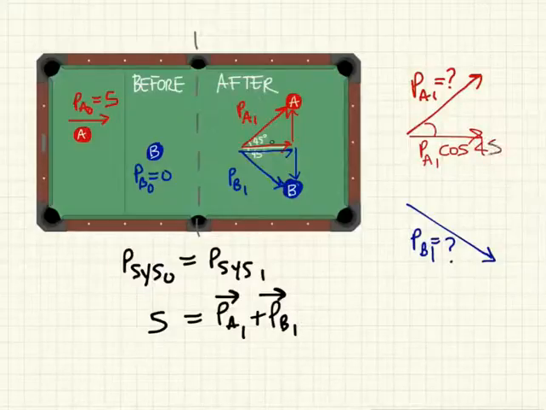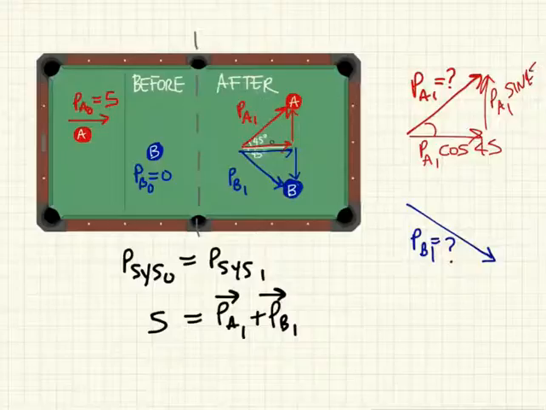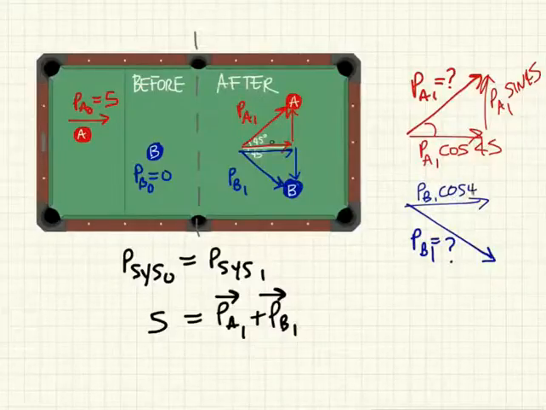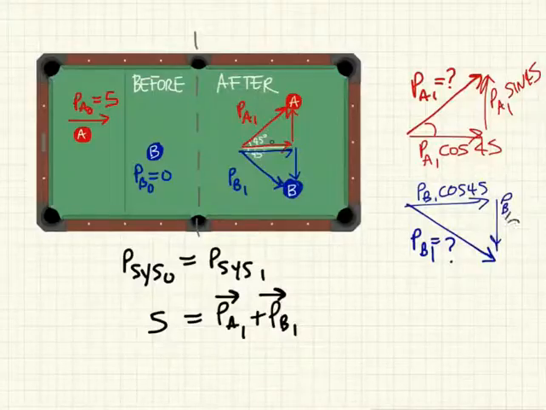This component right here is going to be the momentum of A after the collision times sine 45, something like this. And we can do the same thing with the other vector. It would be like this, the momentum of B after the collision times the cosine of 45. And in this case right here, the momentum of B after the collision times sine of 45.